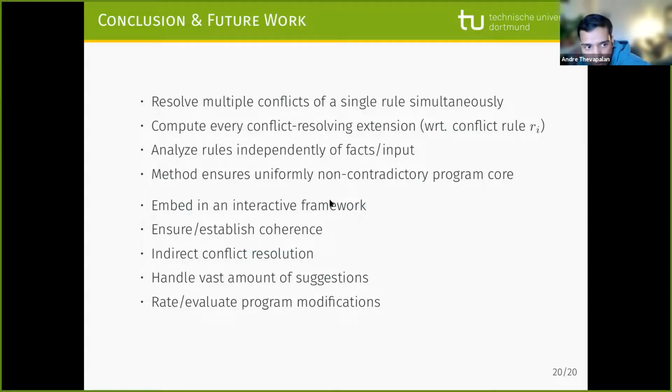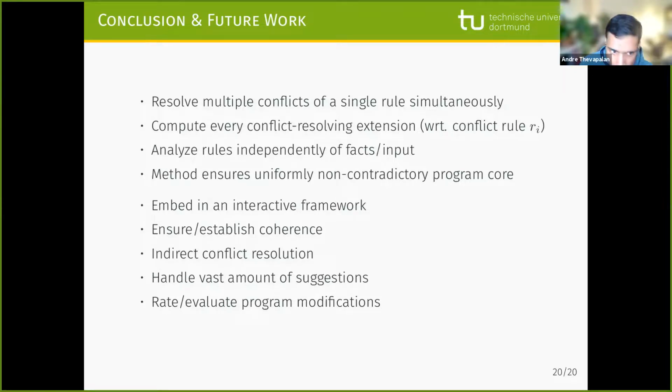What we have shown is how to resolve multiple conflicts of a single rule simultaneously. And we do that by looking and analyzing the rules without the facts and the interchangeable inputs. And we are able to compute every conflict resolving extension for every rule. And this method ensures that we get a uniformly non-contradictory program.